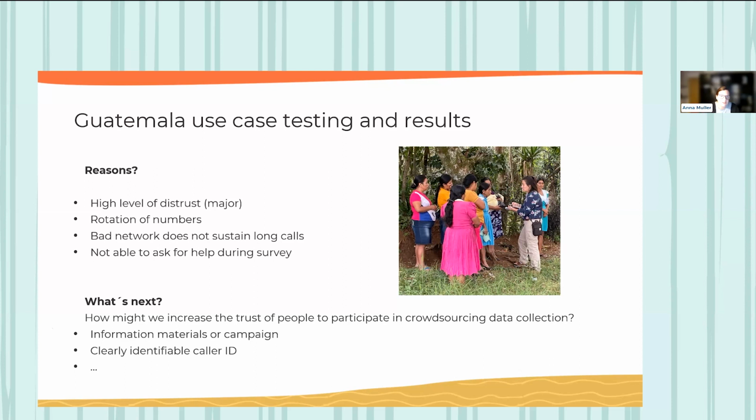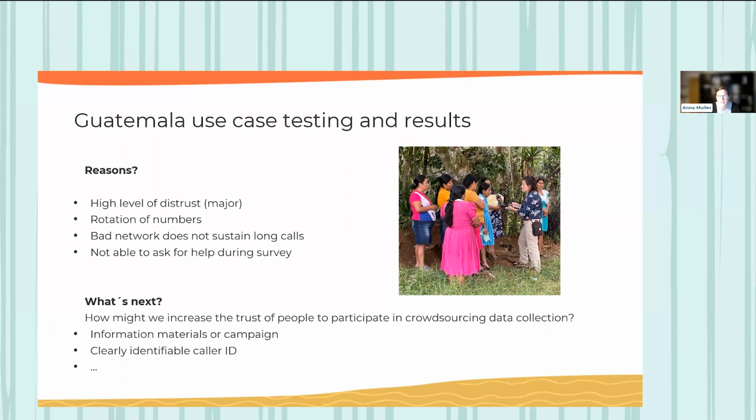Another interesting reason was that people were not able to ask for help while responding to the survey. We saw that particularly women were a bit insecure about answering questions. They wanted to be sure of not responding wrong, and especially data quality is something where people are maybe confronted with expectations they want to deliver on.